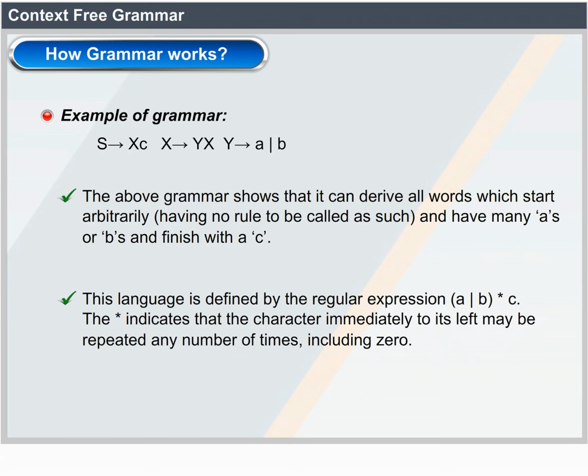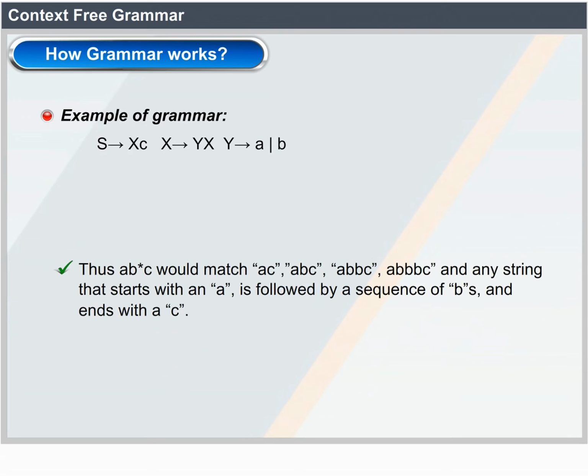This language is defined by the regular expression (A or B) asterisk C. The asterisk indicates that the character immediately to its left may be repeated any number of times, including 0. Thus, AB asterisk C would match AC, ABC, ABBC, ABBBC, and any string that starts with an A, is followed by a sequence of B's and ends with a C.